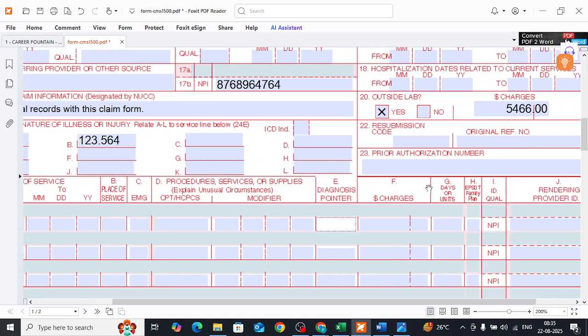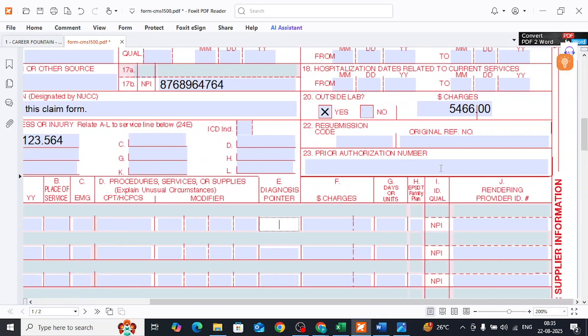We will discuss that. Box number 22 is the resubmission code. In case we already billed our first claim, the first time we bill the claim is called a fresh claim, that means to any insurance.